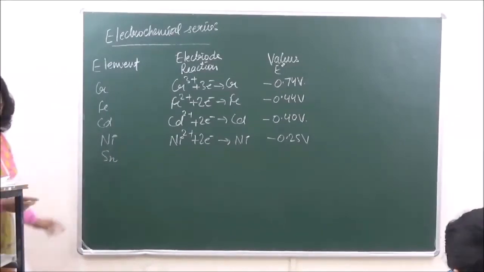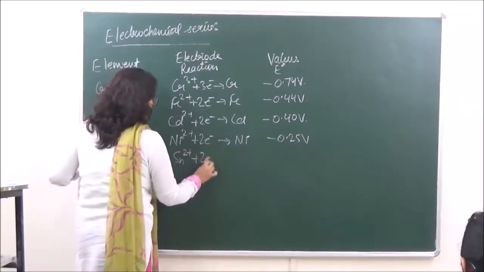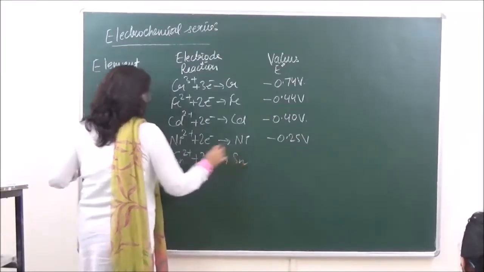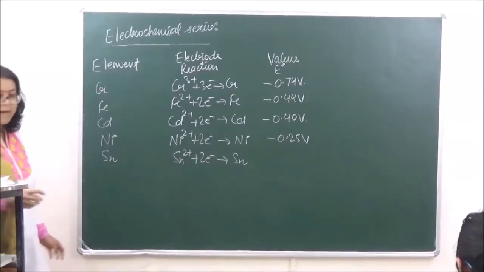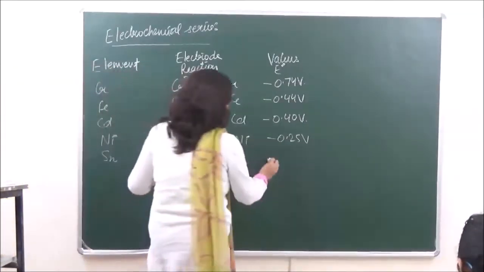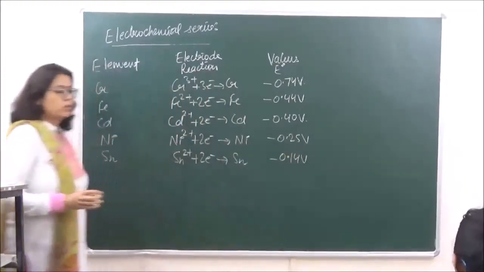After nickel we have tin: Sn2+ plus 2 electrons to give us Sn, and the value here is minus 0.14 volts.